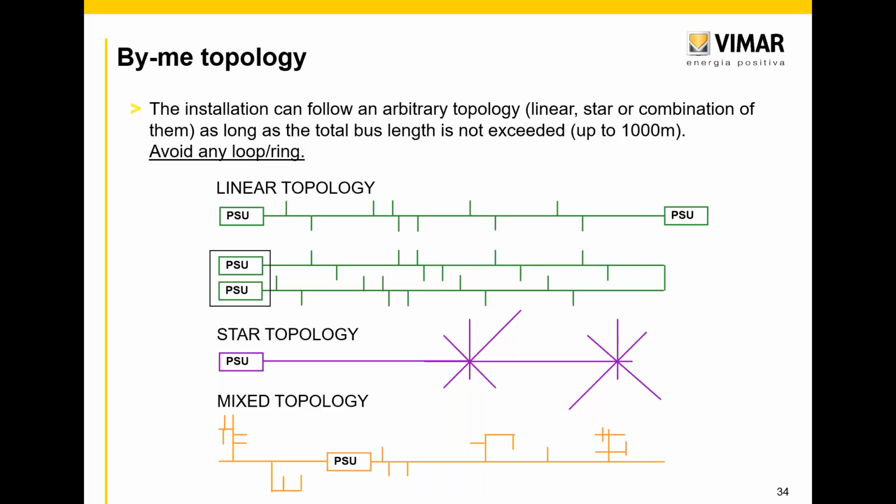For the power supply, just calculate the total consumption of the devices. There is a very easy formula: just add the single devices' consumption and that's it, to understand how many power supplies to add, maximum 2 per line.